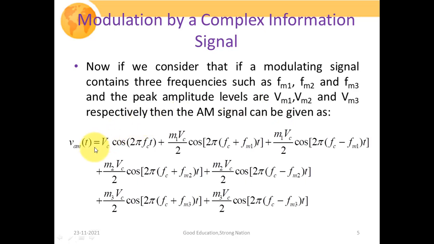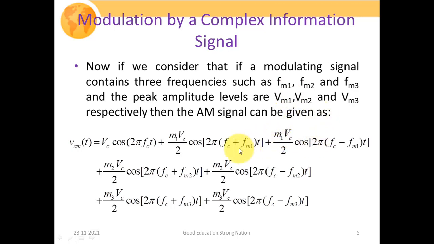The composite amplitude modulated waveform would be Vc cos 2π fc t, which is your carrier component, plus m1 Vc over 2 cos 2π(fc + fm1)t plus m1 Vc upon 2 cos 2π(fc − fm1)t. This is the upper sideband component associated with the fm1 frequency component, and this is the lower sideband component associated with the fm1 frequency component.